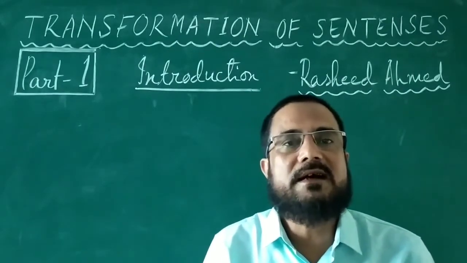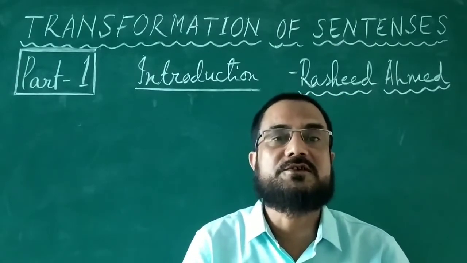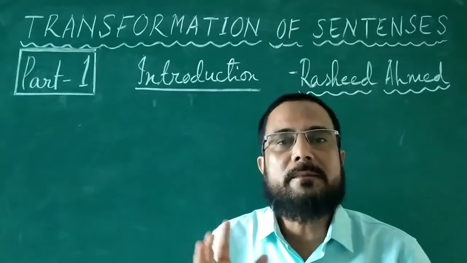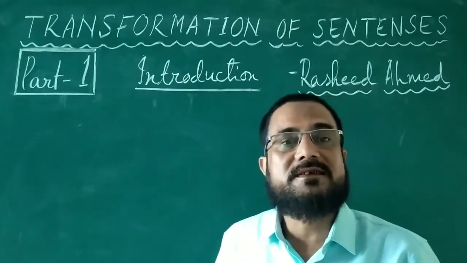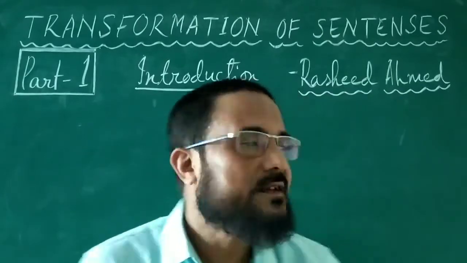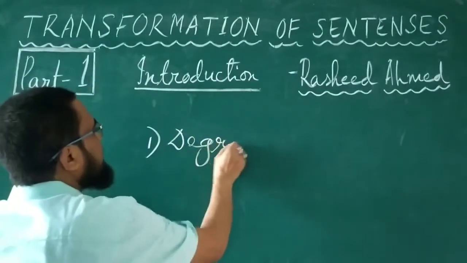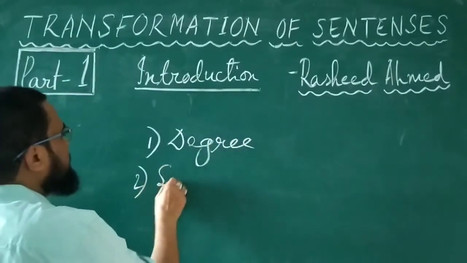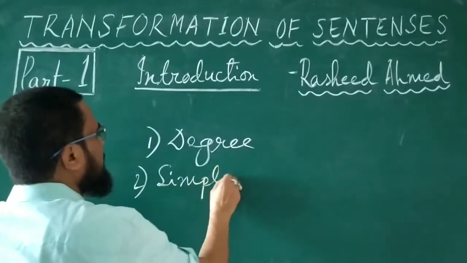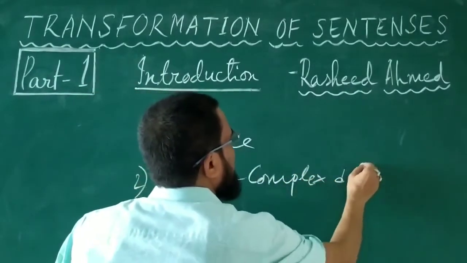So far as the higher secondary examination conducted by Assam Higher Secondary Education Council is concerned, we are going to focus on 3 things in transformation. What are those 3 things? First thing is change of degree. And second thing that we will do is simple, complex and compound.